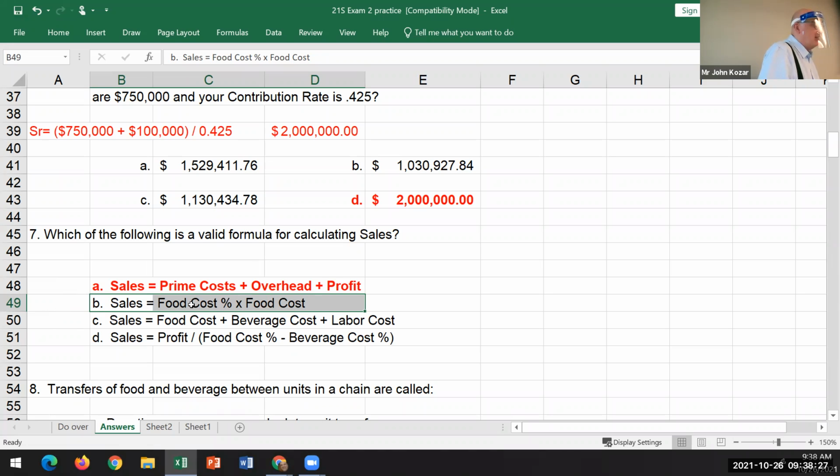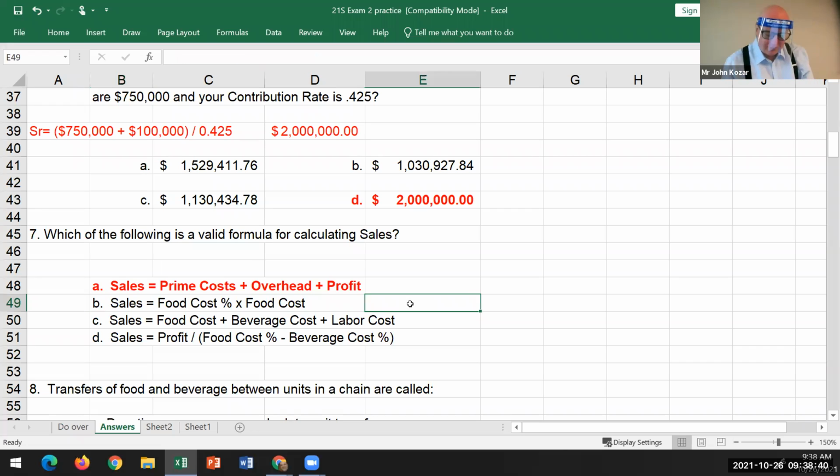Like if you had food cost percent and food cost, okay, so if you're calculating the sales price, you would take your food cost and divide it by your food cost percent. You wouldn't multiply them together.